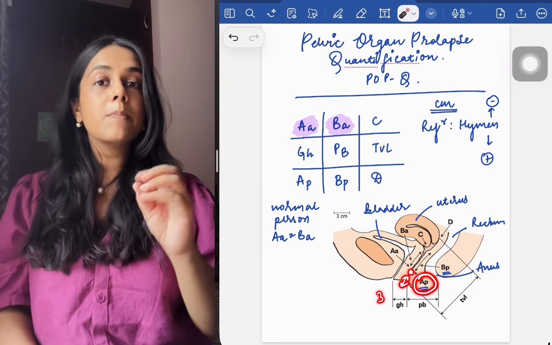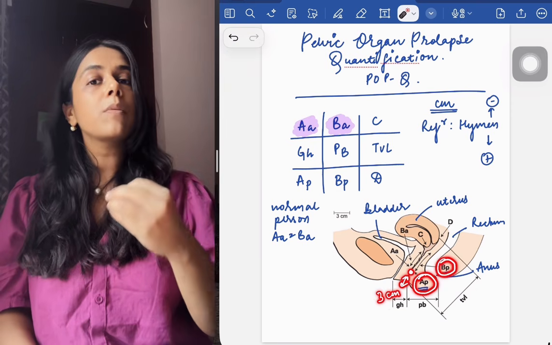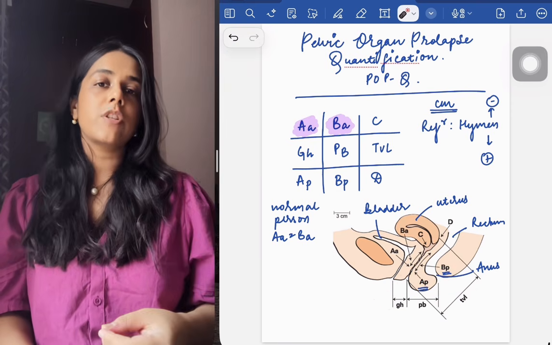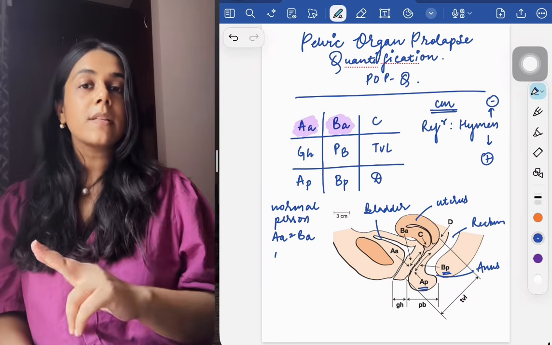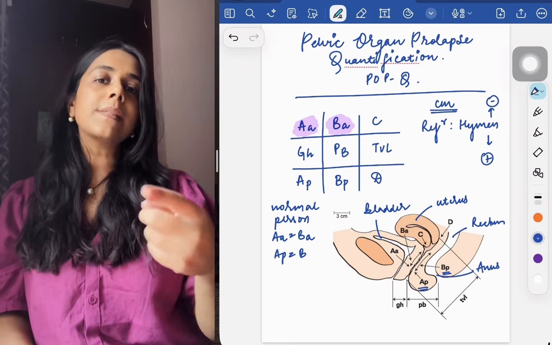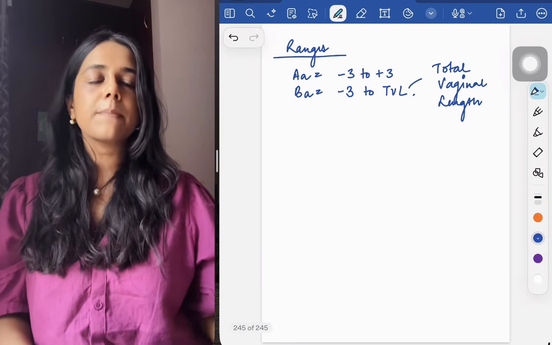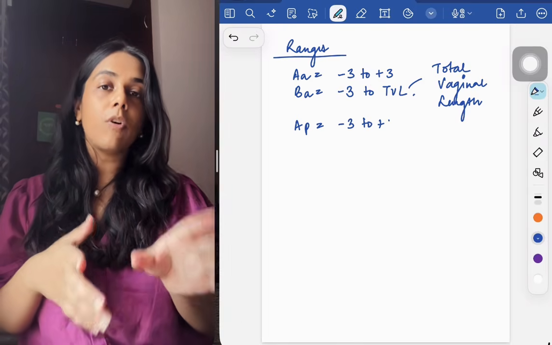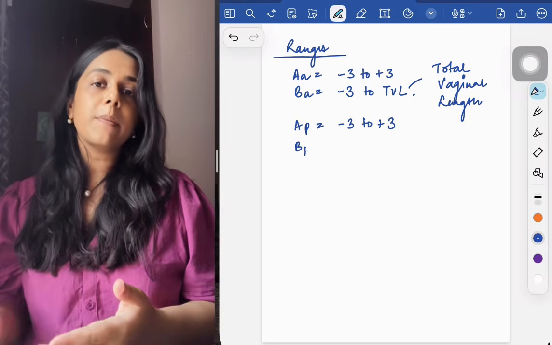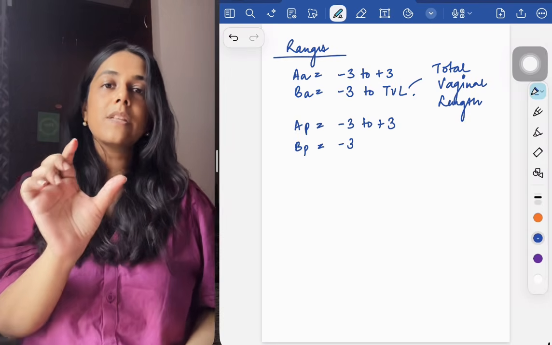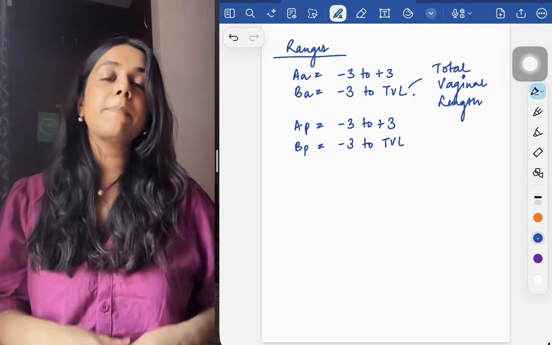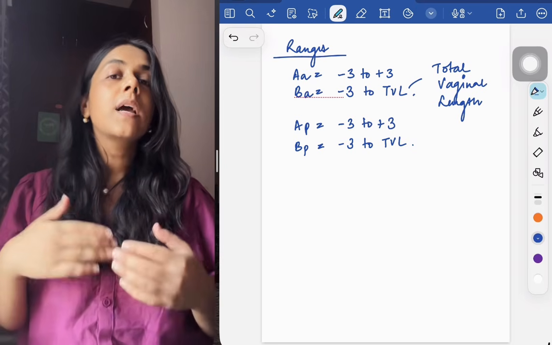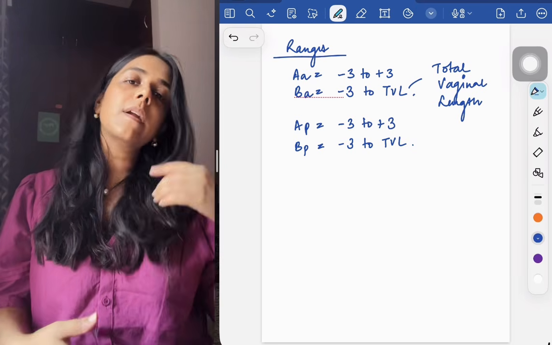But if prolapse is there, the BP point shifts and it becomes the most dependent part on the posterior vaginal wall. So the range can be -3 in a normal person to plus TVL in a person who has a prolapse. By now we know 4 points. AA is -3 cm normally to plus 3 cm in a prolapsed patient. Similarly AP. BP is the maximum prolapsed point in the posterior vaginal wall, and similarly BA.